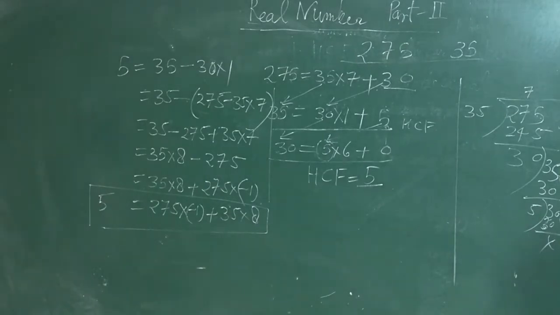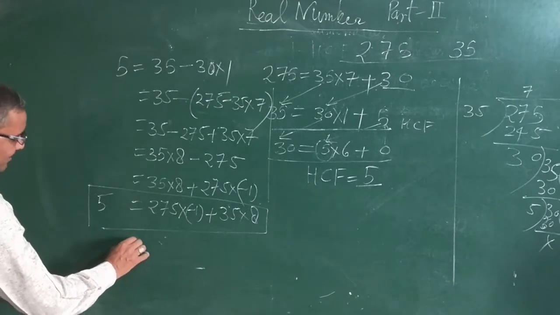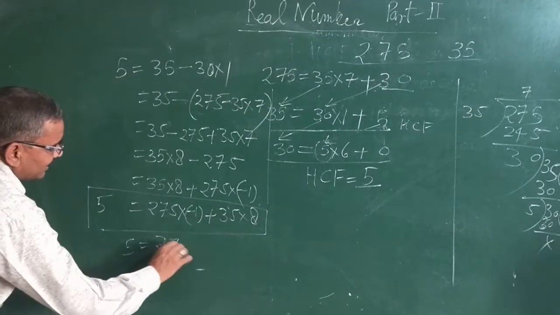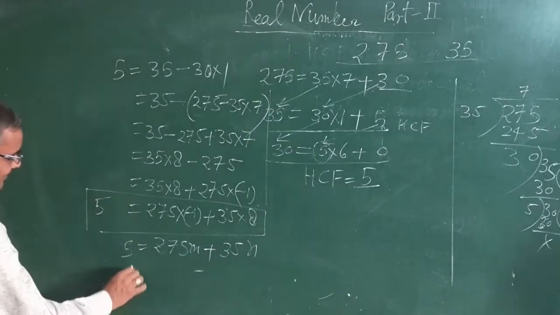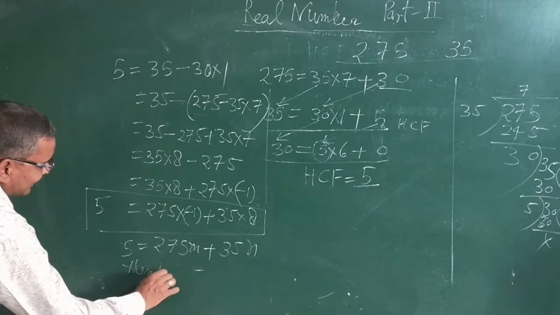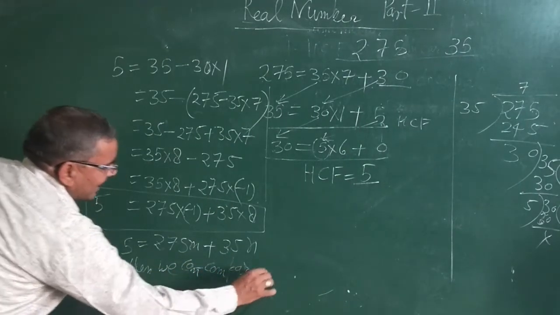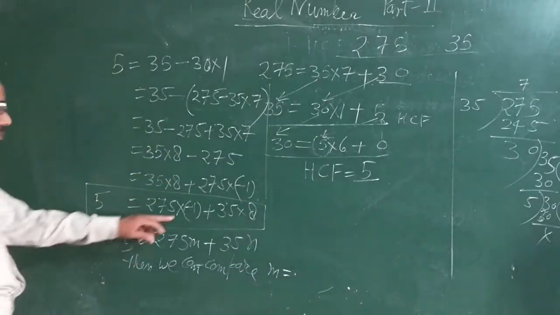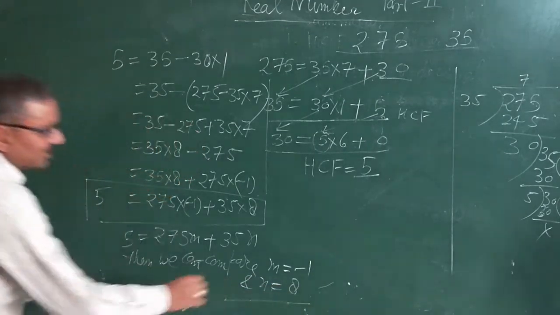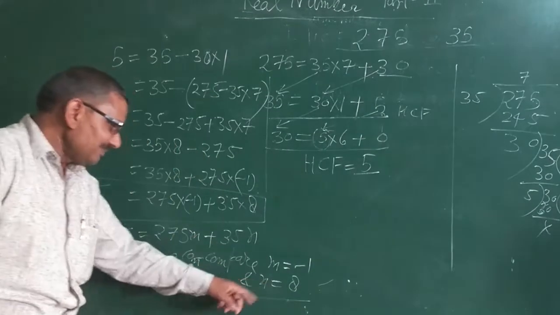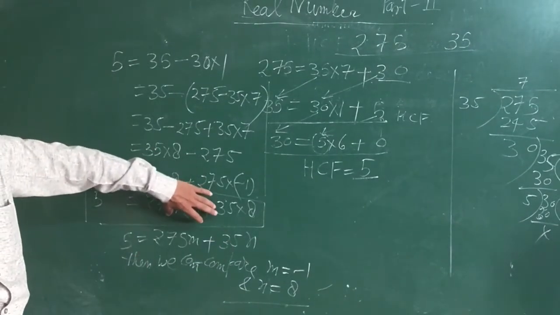If it is asked in the question that 5 can be written as 5 is equal to 275m plus 35n, then we can compare: m is equal to -1 and n is equal to 8. This is the value of m and n if the expression is given in this form, and we have obtained the expression in this form.